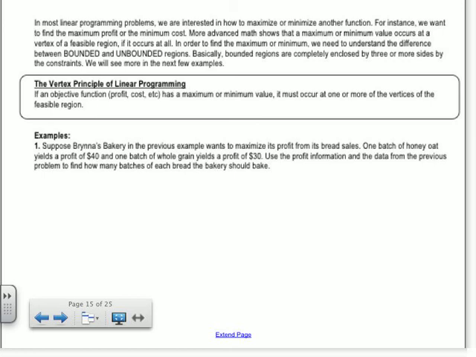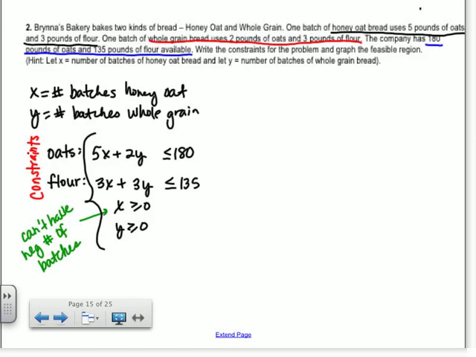Okay, do I have a graph for you guys now? Okay, let's graph the feasible region. All right, these ones are good to use the intercept method with.